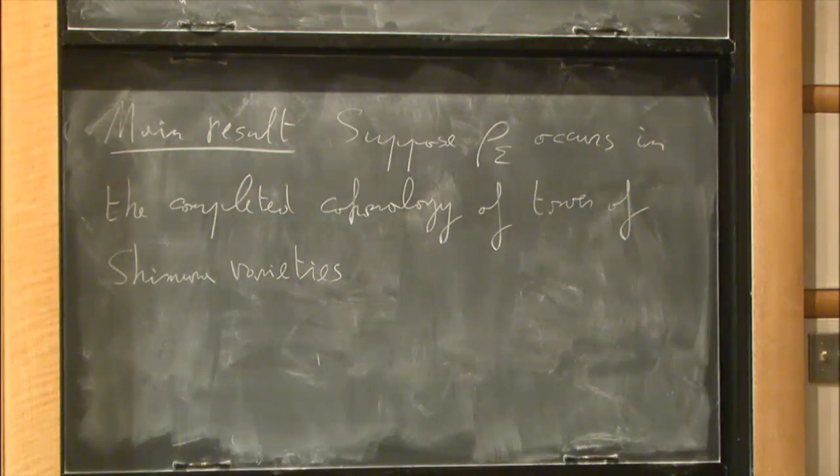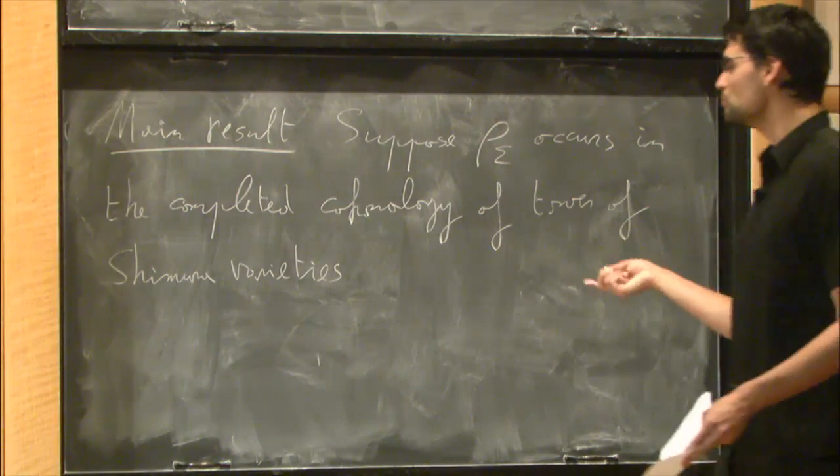And if you have a tower of Shimura varieties, you have a Shimura variety to begin with. So you have an underlying reductive group G.